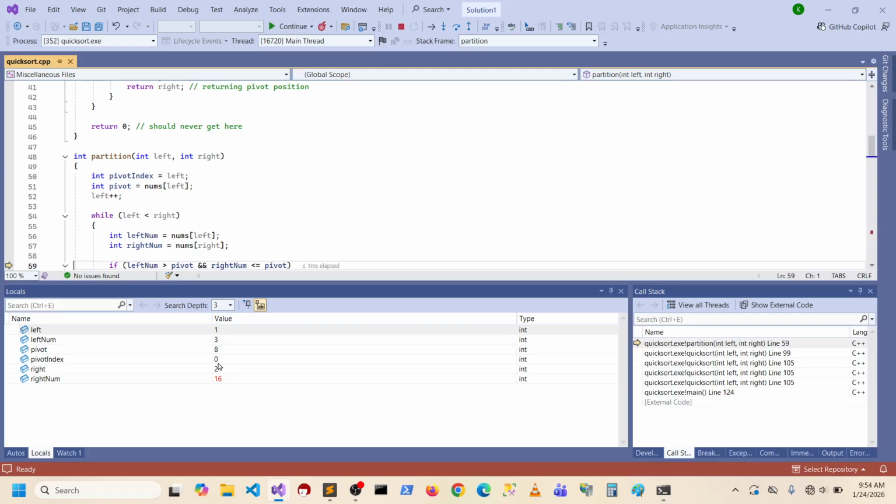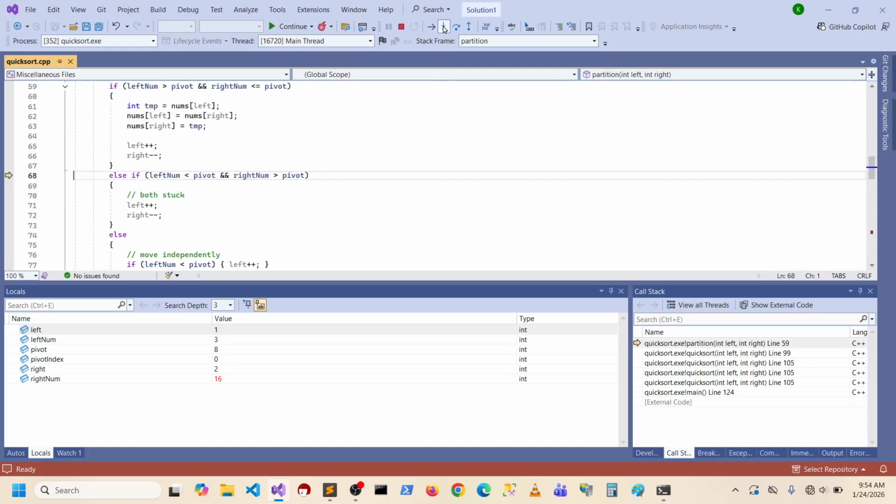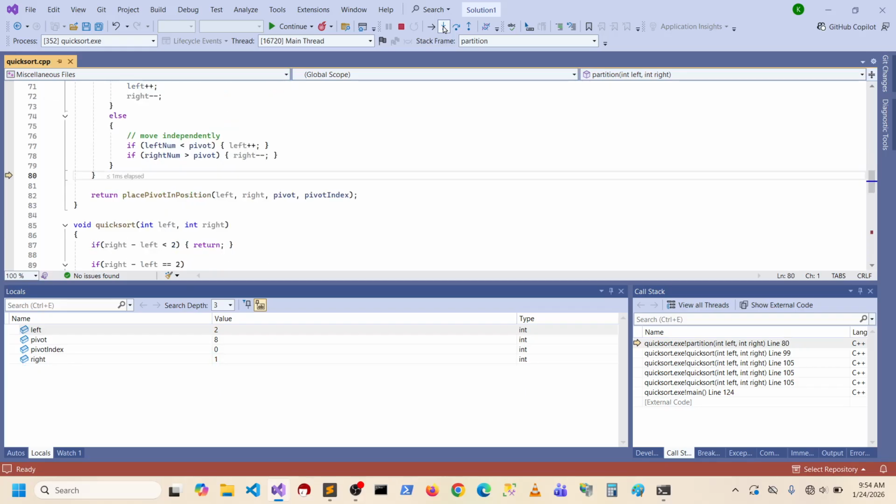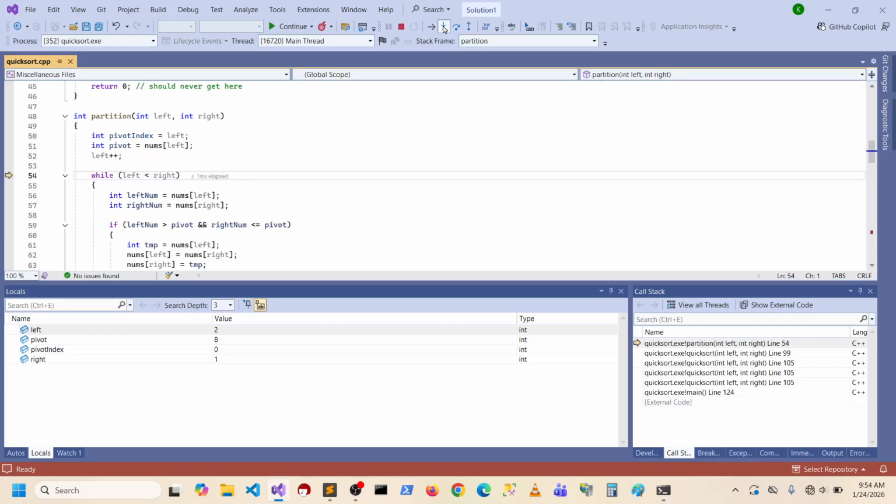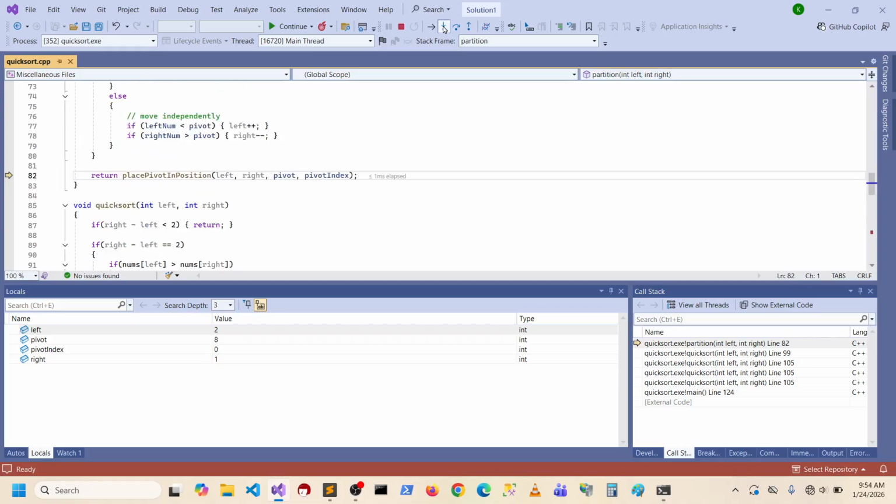So this shouldn't change. According to this, it shouldn't change. I feel like, well, maybe not. Less than pivot, right number is greater than pivot. Yeah, that's true, huh? It's false.